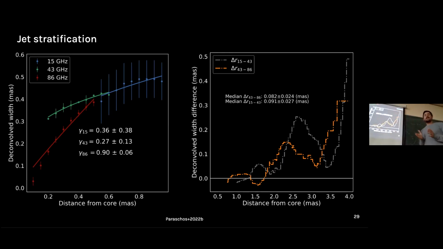So this might indicate that at higher frequencies, we see the central region, and at lower frequencies, we see the outer sheath. And this is also confirmed by the right plot, which is again the deconvolved width difference between 15 and 43 and 86 gigahertz with distance from the core. As you can see, it is mostly positive. So this means that the jet gets narrower the higher the frequencies.